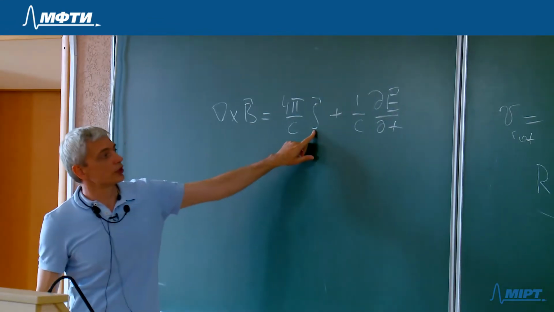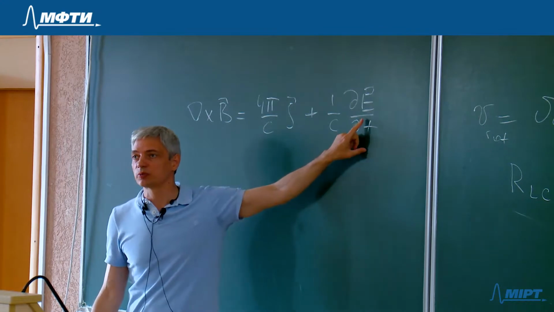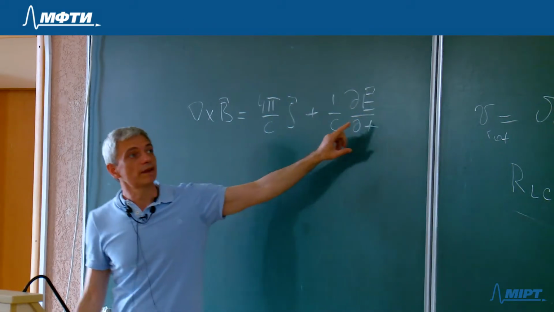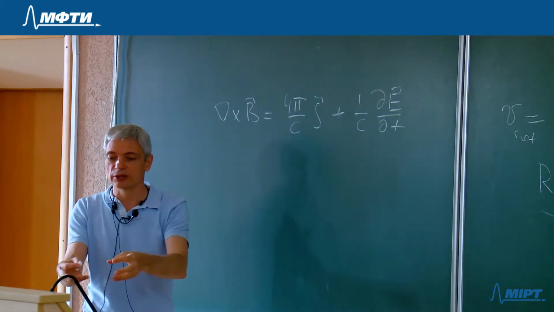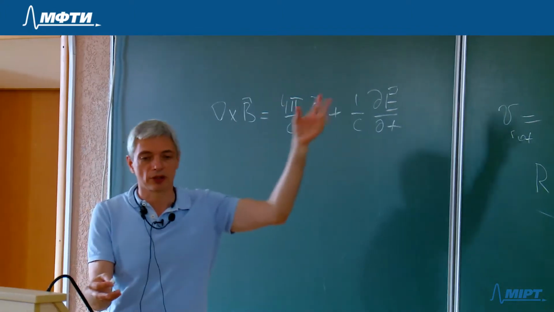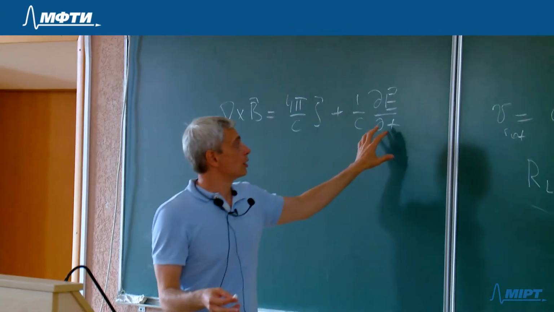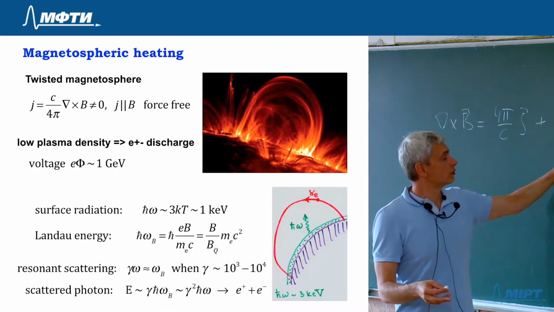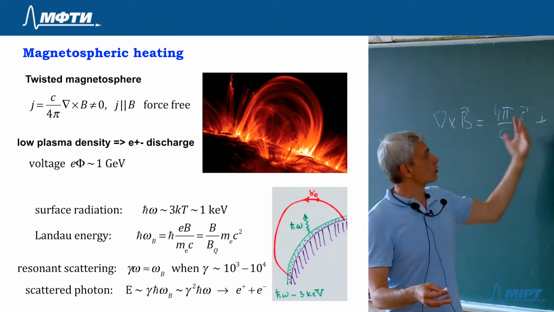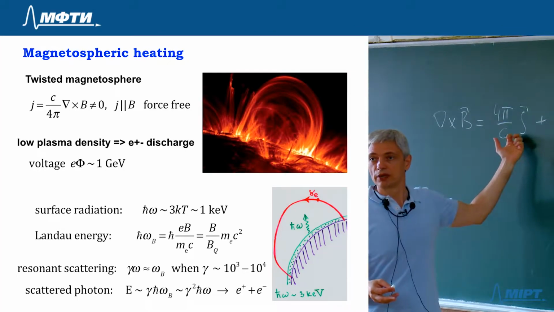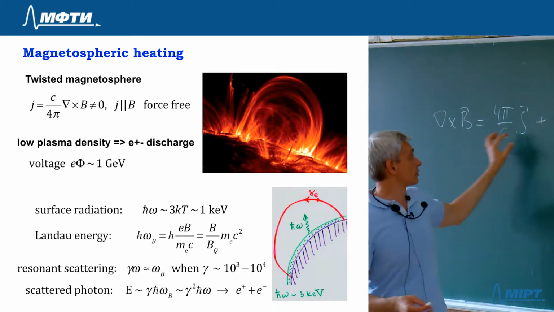And so if you are missing this current, it means that you will generate displacement current. That's the electric field that is going to accelerate whatever particles are there, some seed particles for the avalanche of pair creation, that will make sure that in the end you will have enough plasma to conduct the current and support curl B.